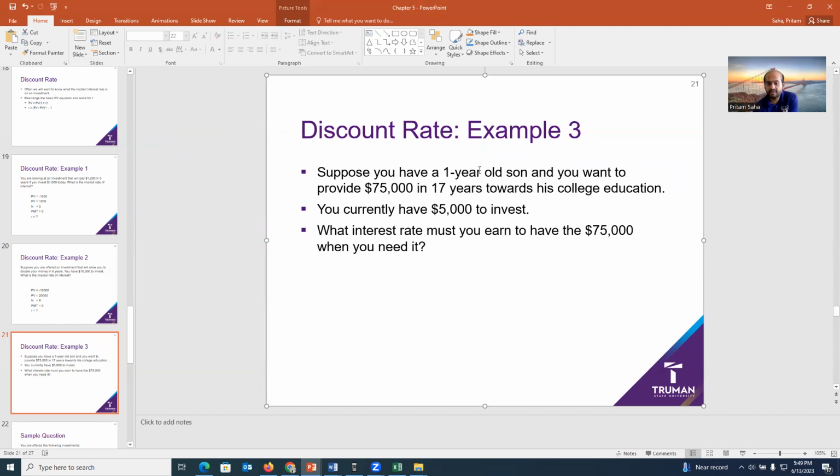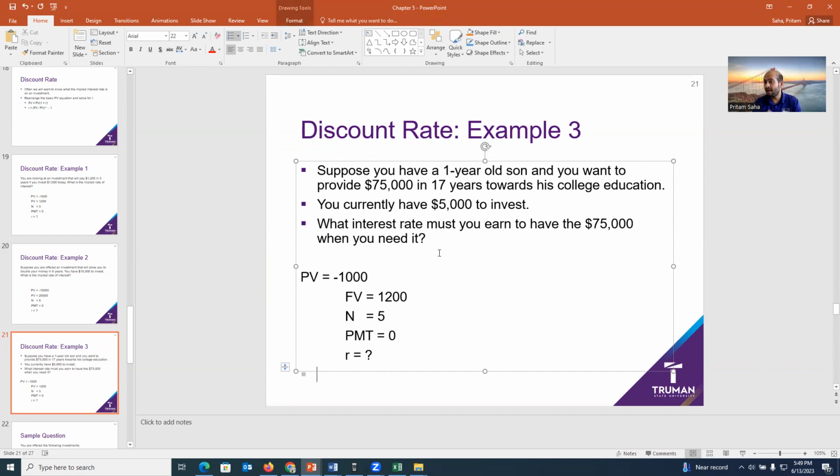Now you want to invest 5,000. What interest rate is going to give you 75,000 17 years from today? He's 1 now, but you want to give him the money 17 years from today, basically when he turns 18. So present value you have 5,000.